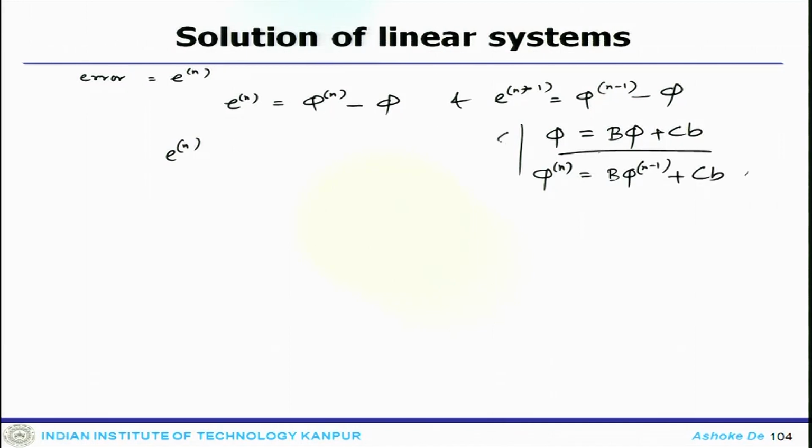Using these two, one can write that the error is e^n equals B e^(n-1). When it converges, in the limit n tends to infinity, the error must be 0.